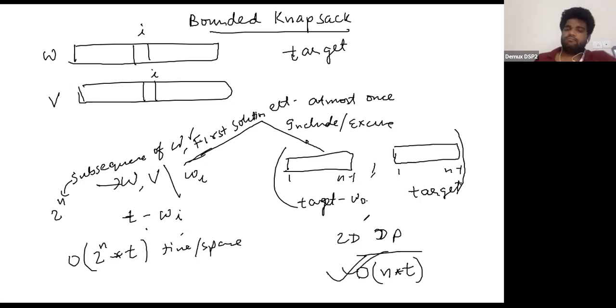So these are the ways you could do it. This is exponential, this is polynomial, this is better. So that's how you could go about solving a bounded knapsack. Any questions on this? Do you understand both and why we chose this over this?